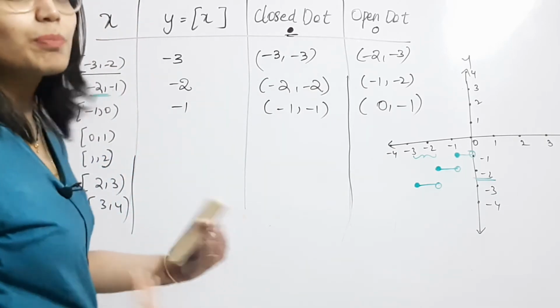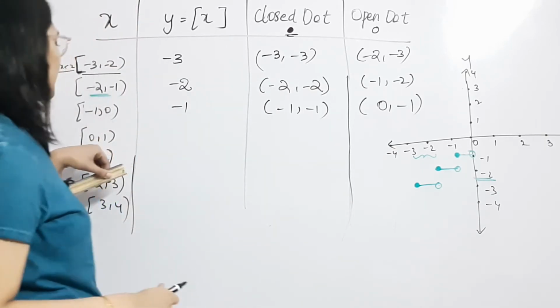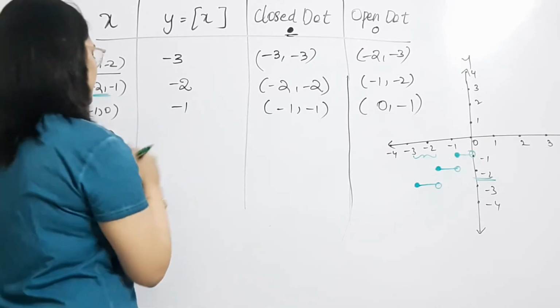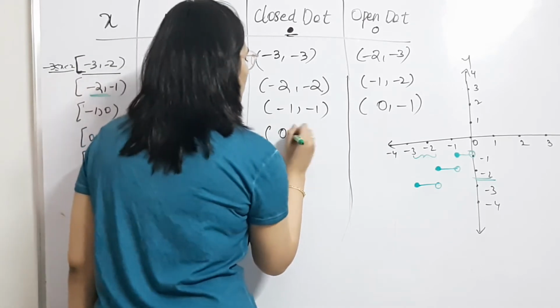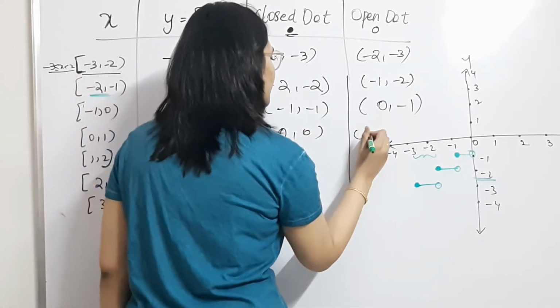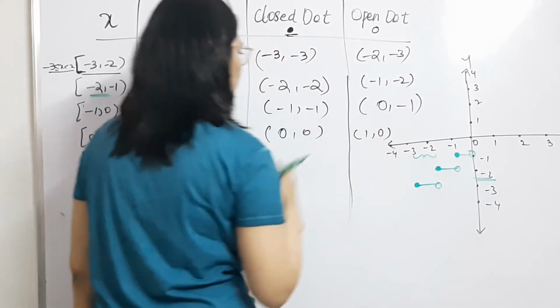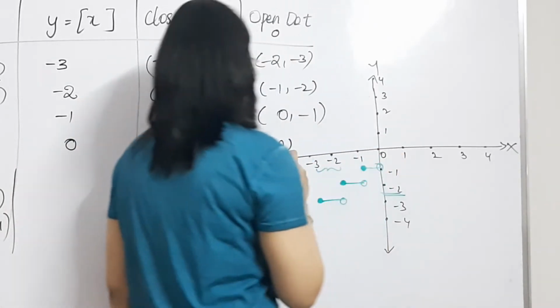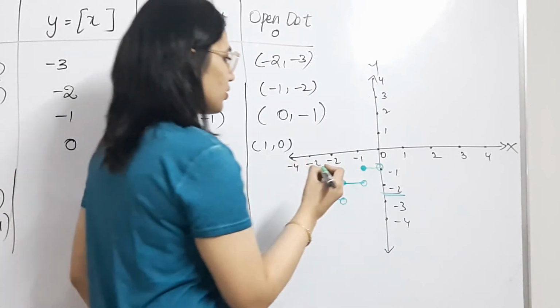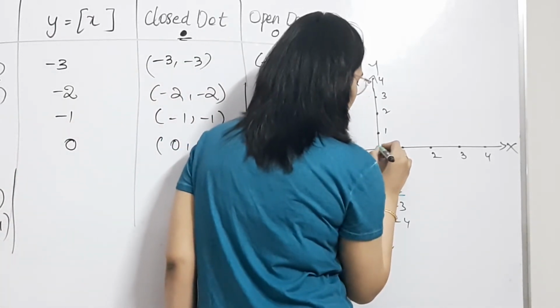Now let's jump to the positive side. Here 0 is inclusive and 1 is not inclusive. So any value between 0 and 1, you get 0 only as the answer. The closed dot will be at 0, and the open dot will be at (1, 0), right? So we mark this as 0.